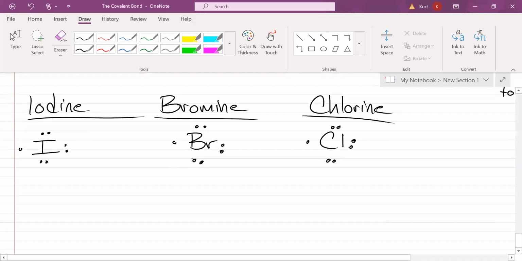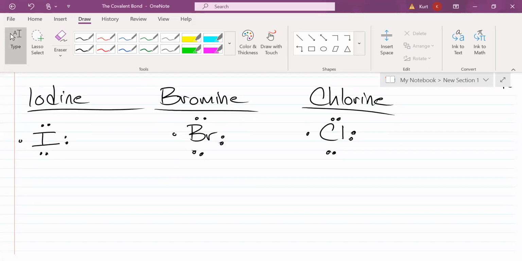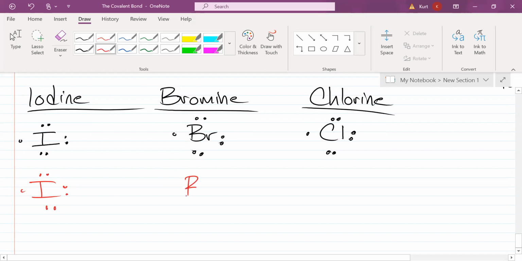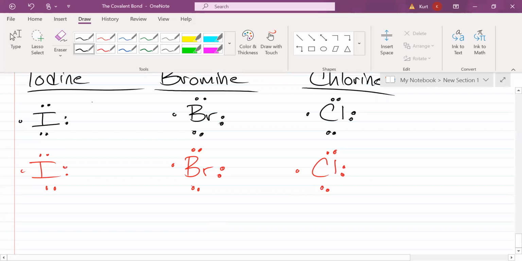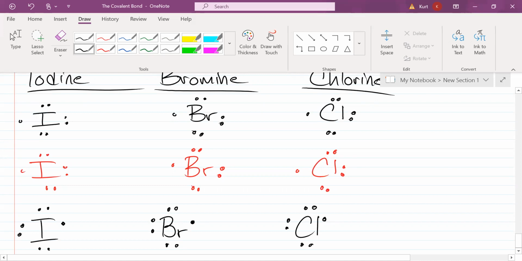They're just like fluorine. They're halogens, so they're going to bond very similarly. Okay, here we go. All right.